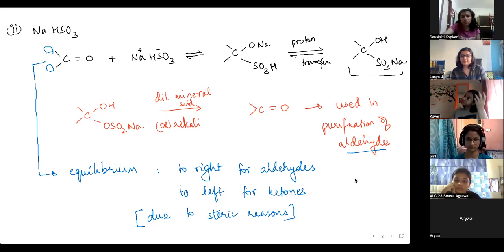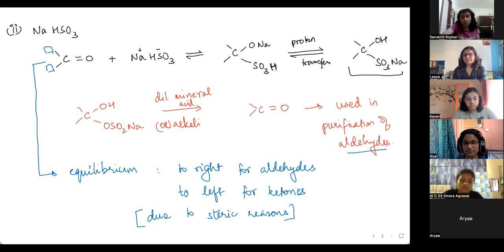Sorry, can you explain the proton transfer again? You will be taking the solution of a salt, so you'll be doing this reaction in the salt solution. Once this product is formed, this is going to get converted into an alcoholic OH group, and SO3 is more electronegative, it's an anion.